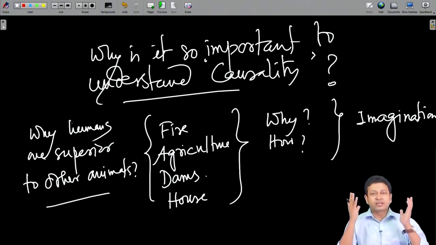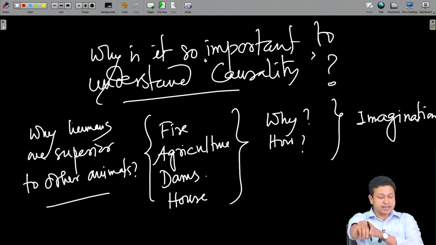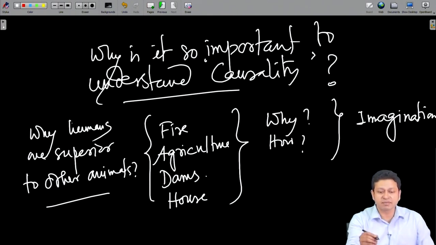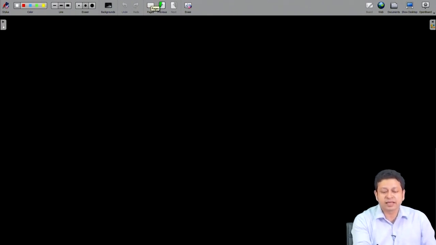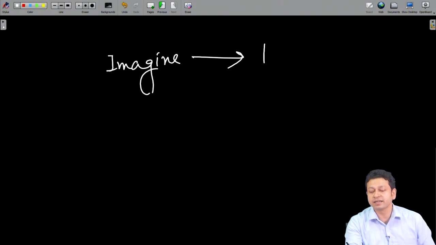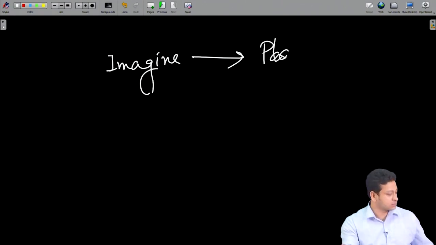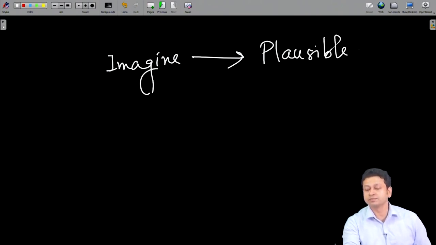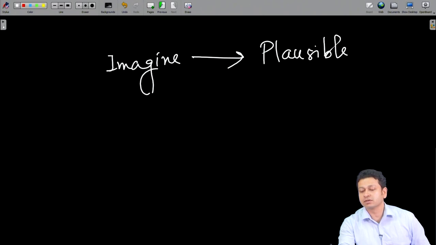Now, why do we talk about imagination when we talk about causality? That is quite intricately related, because the moment we can imagine, imagination is giving a plausible causal structure.